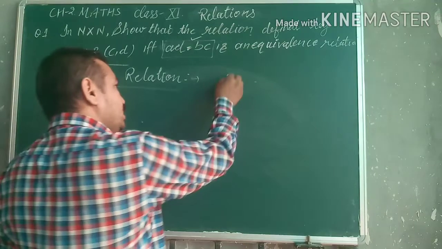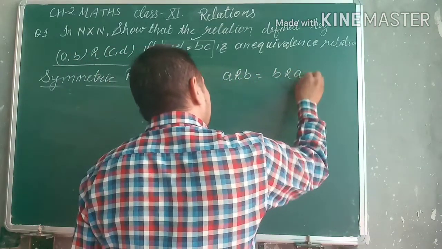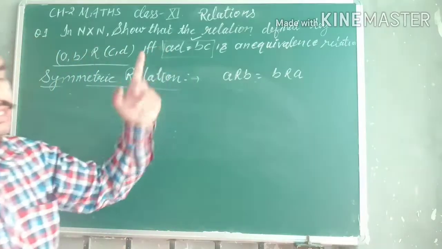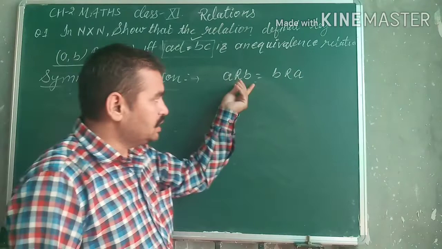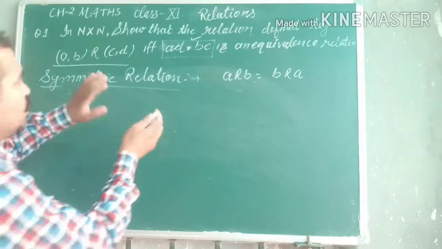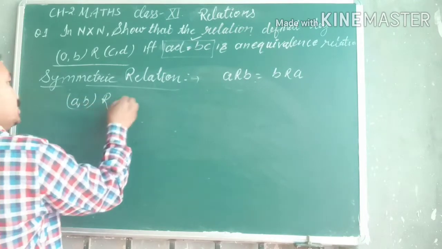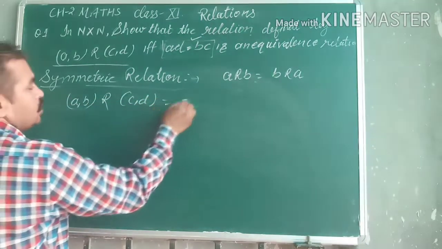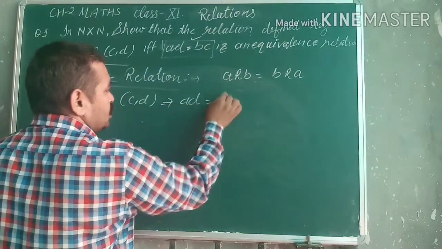The condition is that A relation B implies B relation A, then we can say that it is symmetric. If we change the order, it means (a, b) R (c, d) implies that AD is equal to BC.